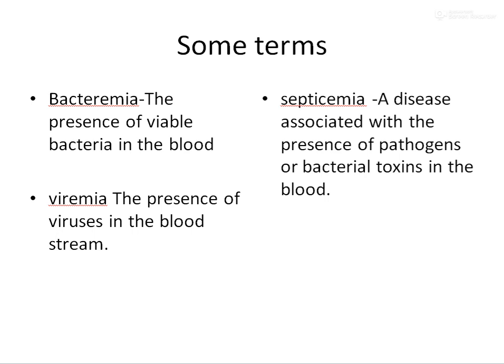So I guess you got across the different types of infection and some of the important terms, because unless we know these terms, we won't be able to follow when they say localized infection of so and so place or systemic infection. So you should be quite familiar with all these terms, the types of infections as well as the terms in medical microbiology. Hope it is clear to you.